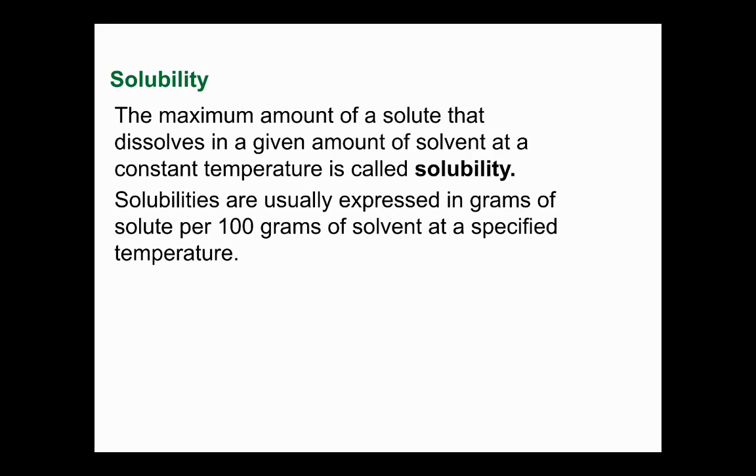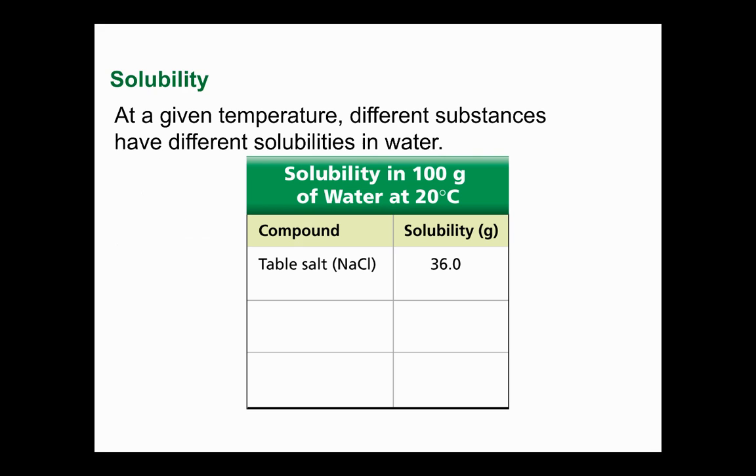Solubility is usually expressed in grams of solute per 100 grams of the solvent at a specified temperature. So salt, you could dissolve about 36 grams of salt into 100 grams of water, or 100 cc's, at 20 degrees Celsius, which is room temperature.